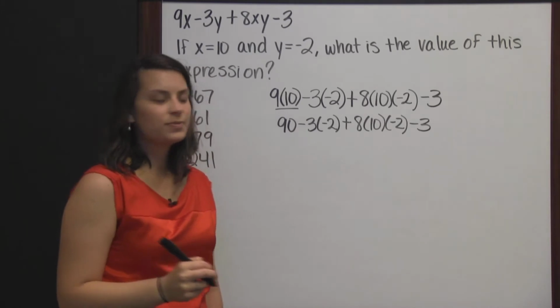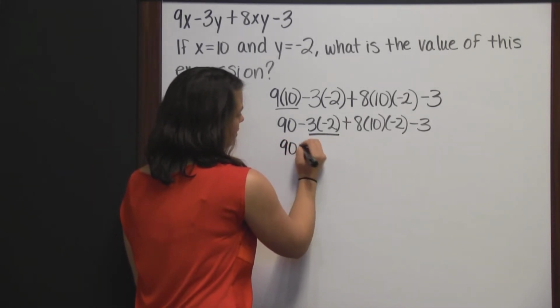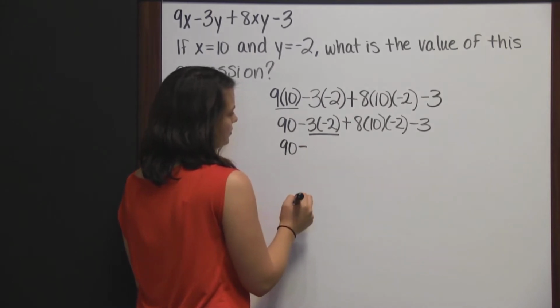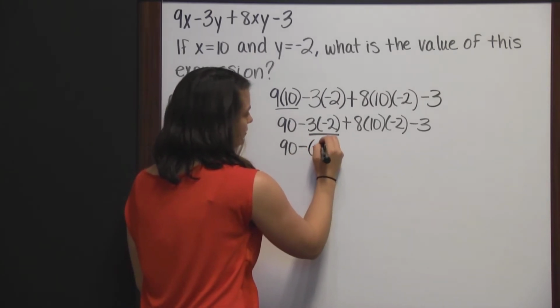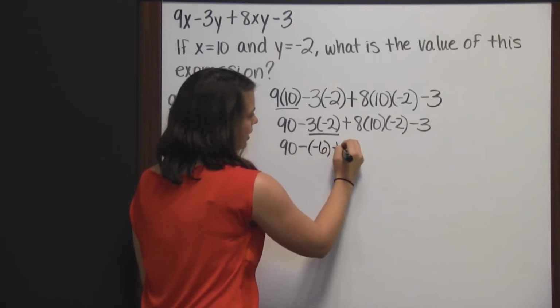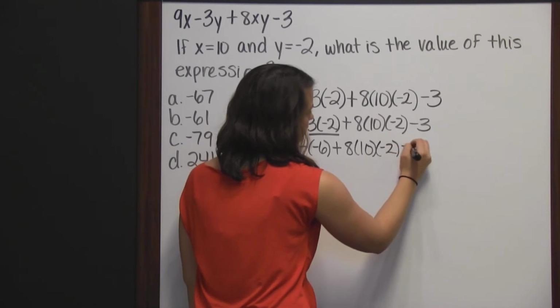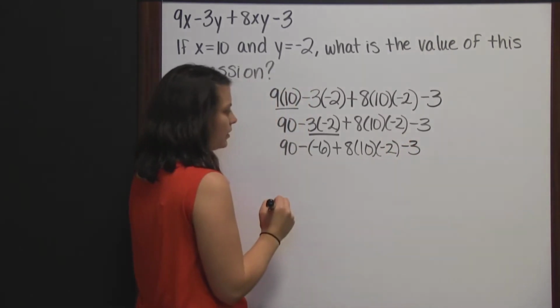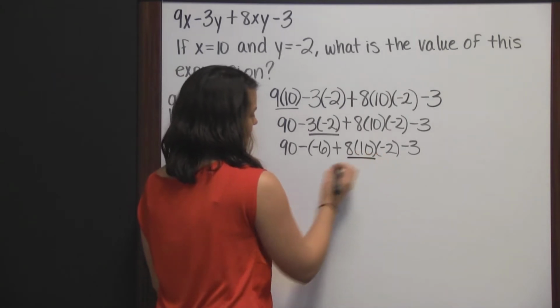Our next set of multiplication would be right here. So I'm going to bring down my 90 minus 3 times negative 2 is negative 6, plus 8 times 10 times negative 2 minus 3. Our next set of multiplication would be 8 times 10.